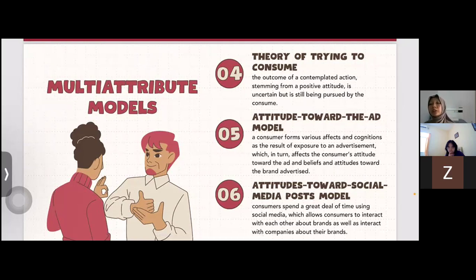Consumers form various affect and cognition as the result of exposure to an advertisement, which in turn affect consumer attitudes toward the ad and beliefs and attitudes toward the brand advertised. The last one is the attitude towards social media post model. Consumers spend a great deal of time using social media, which allows them to interact with each other about brands as well as interact with companies about their brands.